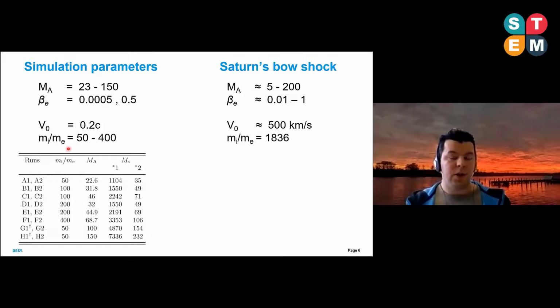The ion-to-electron mass ratio is also non-realistic. This is done just to make the simulation affordable and feasible with modern supercomputers, because these simulations are done on superclusters, and it's difficult to run something with more realistic parameters.